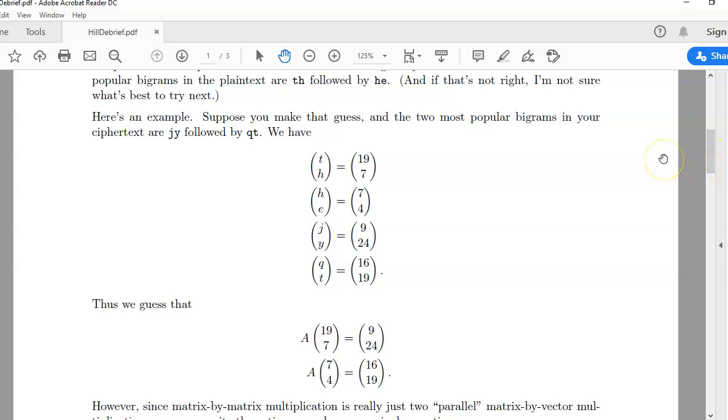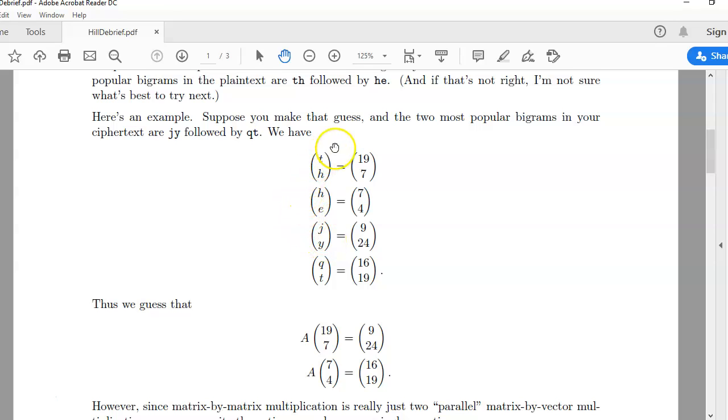Here's an example of how you would do that. Suppose you make that guess, and the two most popular bigrams in your ciphertext, which is not a guess, you can look it up, are JY followed by QT. Assume that. Then you know that TH is (19, 7), HE is (7, 4), JY is (9, 24), and QT is (16, 19). You guess that TH will go to JY.